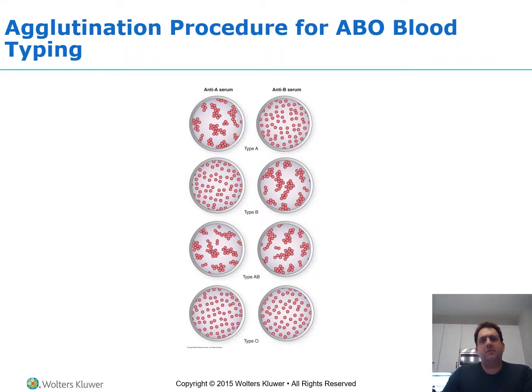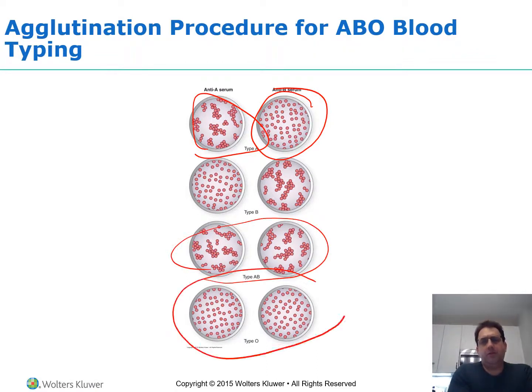So in the example on the left here, somebody with type A blood would have the agglutination reaction to the type A serum or antiserum, but not to the type B antiserum. And then vice versa, type AB blood reacts to both, type O blood doesn't react to any.